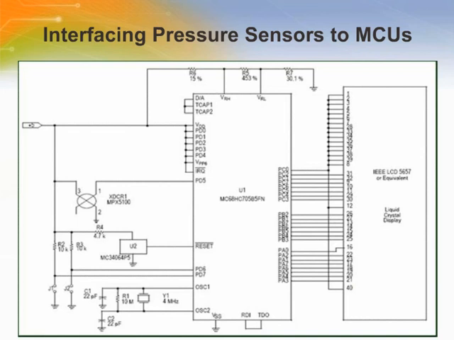The simplest interface is achieved with an integrated sensor and a microcontroller that has an on-chip analog-to-digital converter. The figure shows an LCD pressure gauge that is made with an MPX5100 integrated sensor and an MC68HC05 microcontroller.